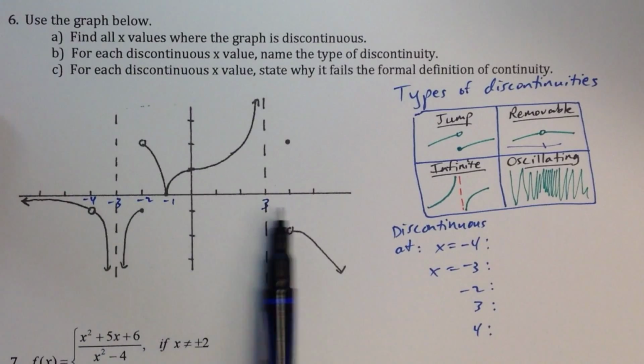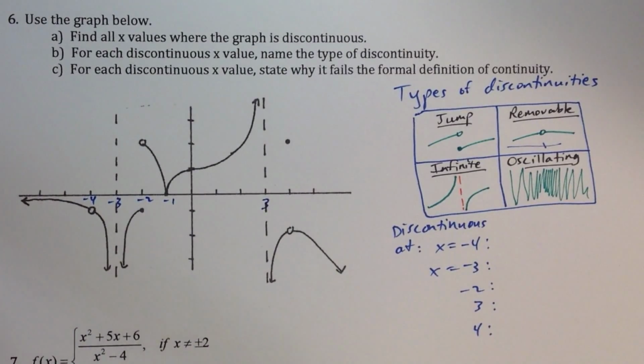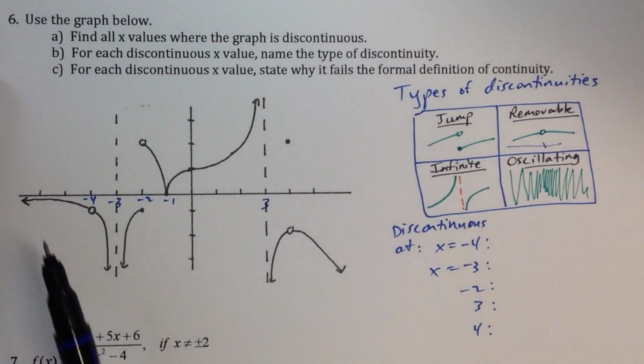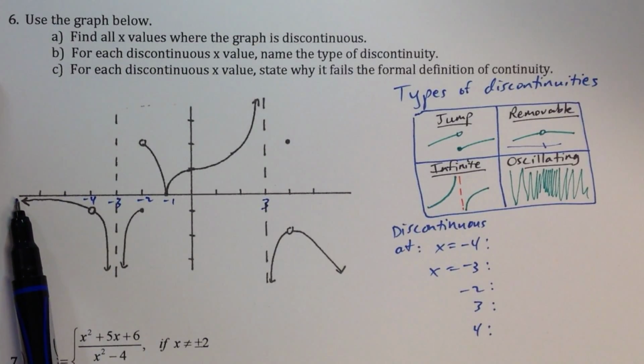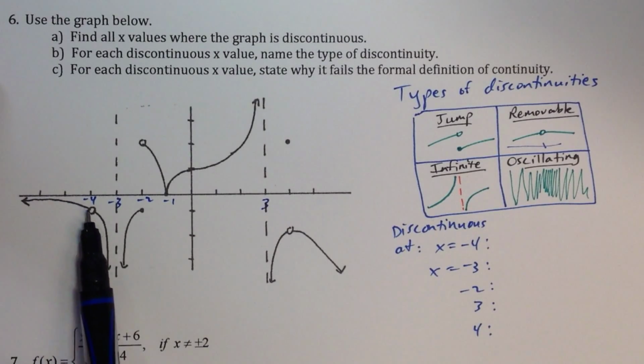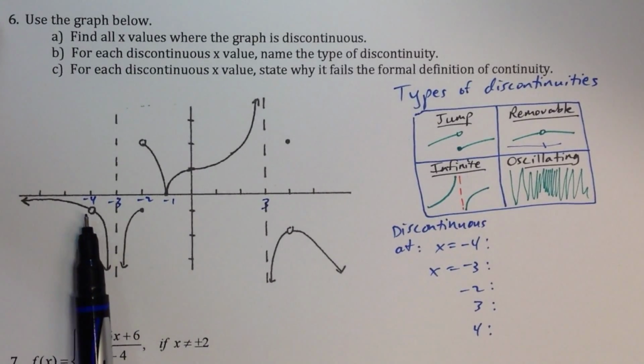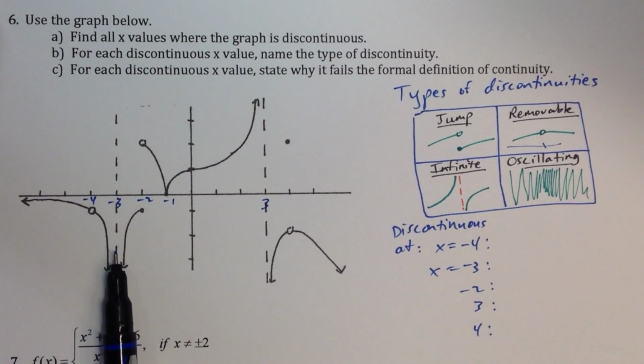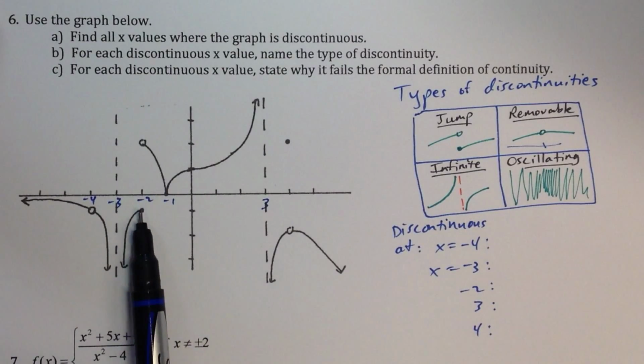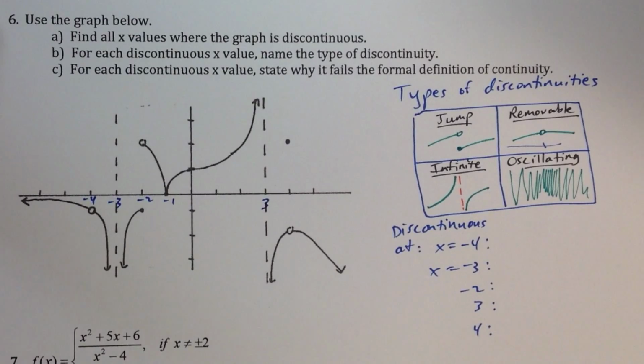Okay, so the informal definition of continuity would be a function is continuous as long as you can draw the graph without lifting your pencil. That's certainly not a calculus definition, but it gives us a good rule of thumb where you can quickly spot where we have a hole or a vertical asymptote or a jump, where you can't connect the two parts of the graph, where you have discontinuities.